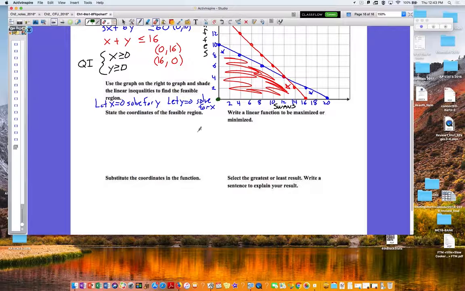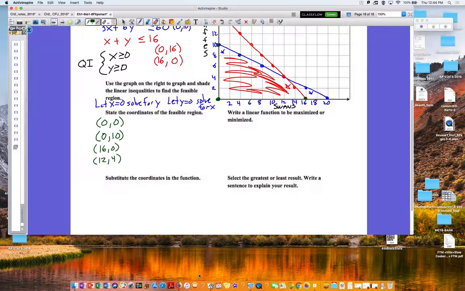I have 0, 0. I have this point right here, which is at 0, 10. This point right here is pretty easy to find, 16, 0, and the combination is 12, 4.